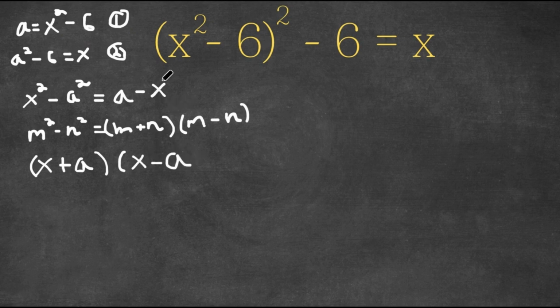And now if I add x on both sides, we would get plus x, and then if I subtract a on both sides, we would get minus a, and now because there's nothing left on our right hand side, we would simply have 0.